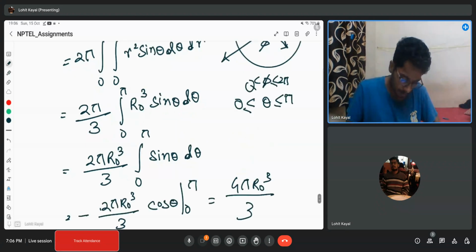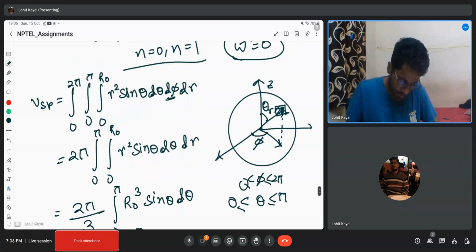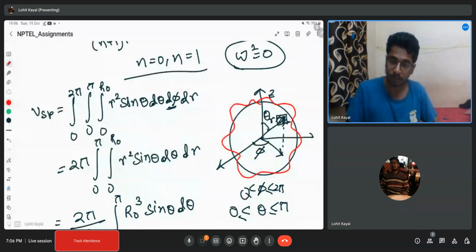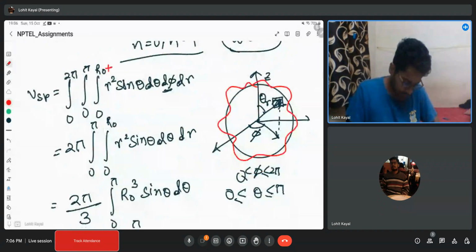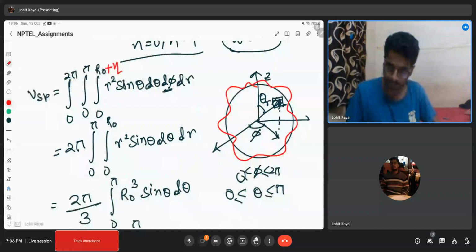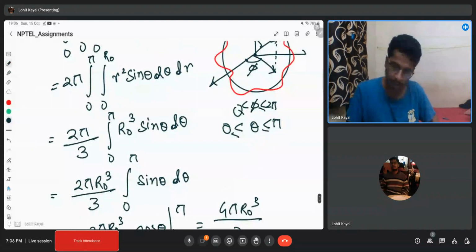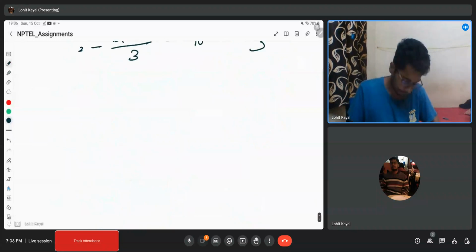Okay. Now you have provided some perturbation. So in the formula, what will change? We will have to now include r naught plus eta. Instead of r naught cubed, we will have r naught plus eta whole cubed.